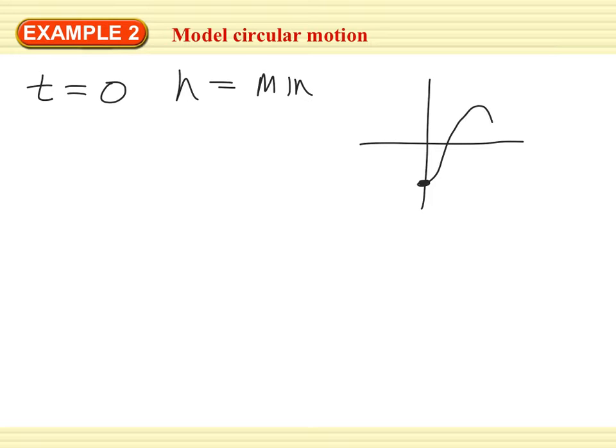So I think that would be a cosine function, okay, which is going to be, I believe, a reflection too. So our a value is going to most likely be negative. But we're not there yet, so let's pause on that. So I don't believe I have a horizontal shift.